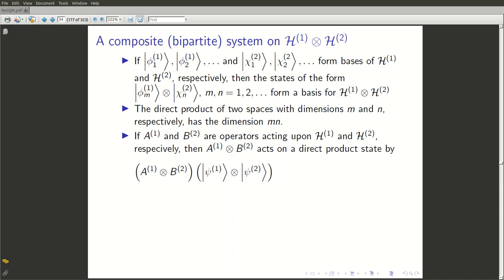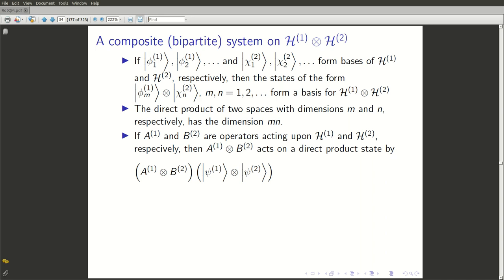Well, you can have operators which act individually on A and B. You can take them and form a direct product. So a direct product operator would be of the form A1 ⊗ B2, where A1 is an operator acting on H1, and the 1 and 2 here signify which space they act on. So A1 acts on H1 and B2 acts on H2.